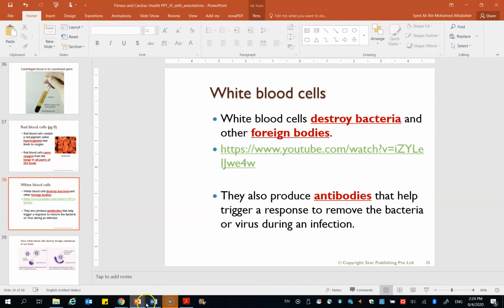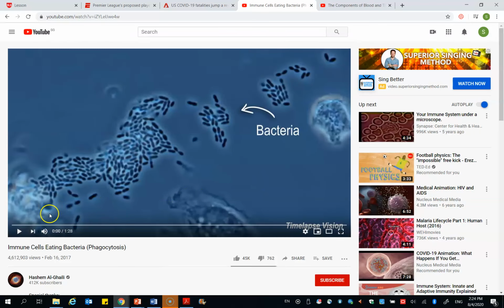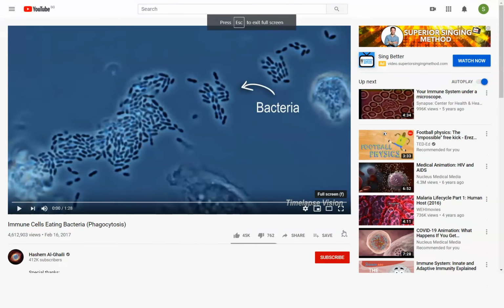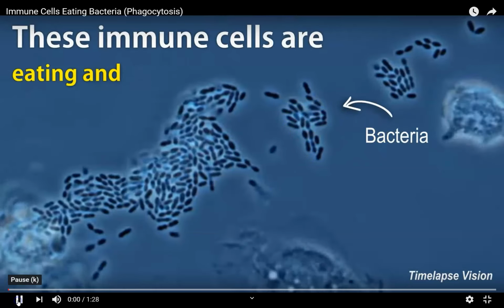Let's take a look at this. This is your white blood cells, and these are your bacteria.